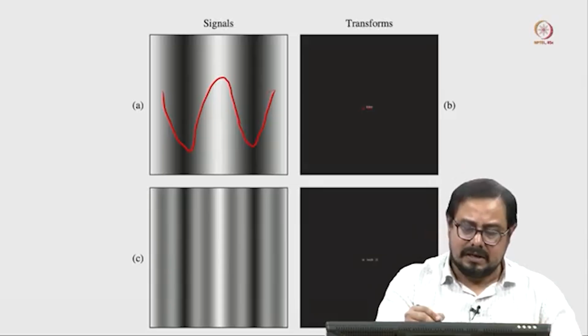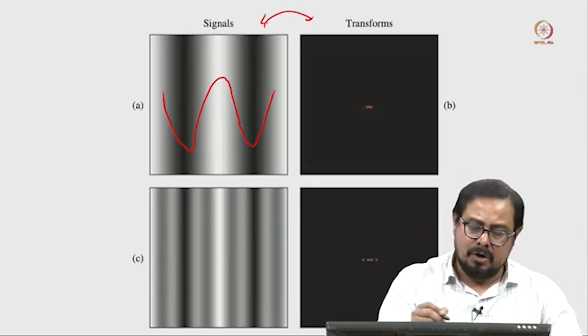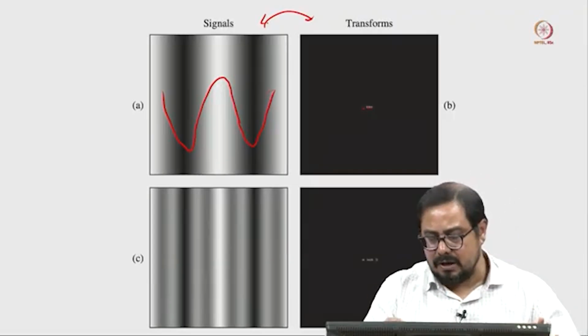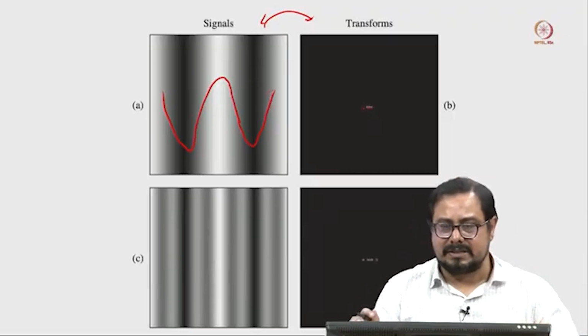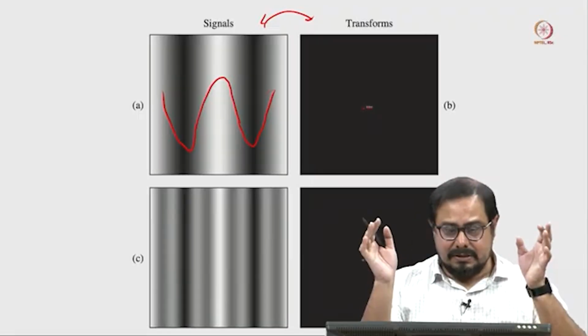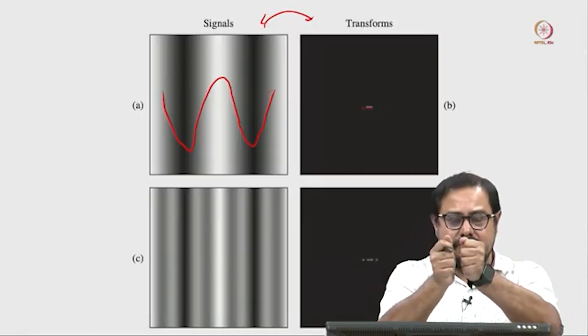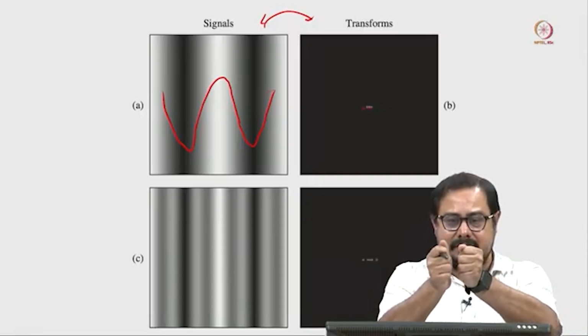This is the signal and its transform. Here this is the image, and when it is transformed you will get this kind of diffraction pattern. Here the frequency is less, so the spots are very close to each other near the center area.